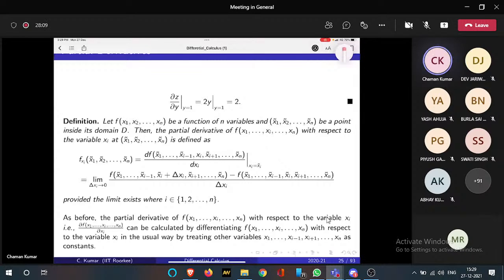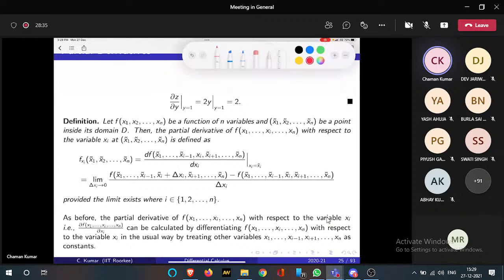So there are several things going on here. The best way to identify the difference is to look at how the limits are taken. If you are taking the limits only for one variable by fixing the other variables, then this means that you are calculating partial derivatives. You see that this limit is only with respect to one variable.